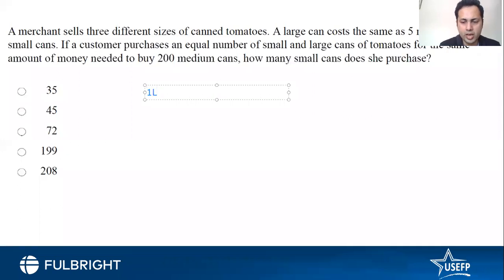So one large equals 5 medium cans, or one large equals 7 small cans, which makes 5 medium cans equal 7 small cans.